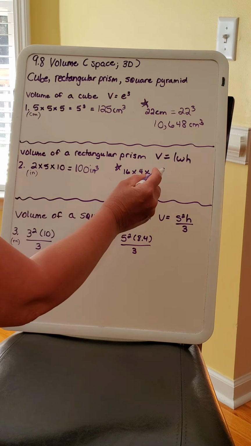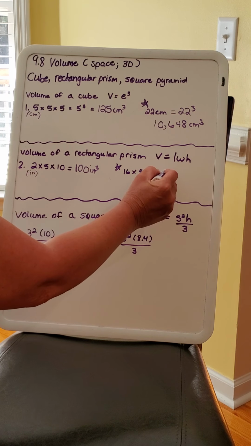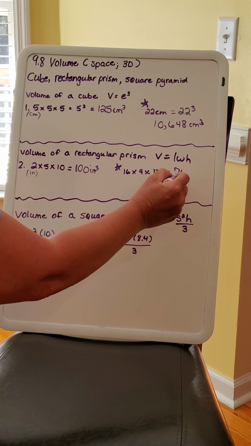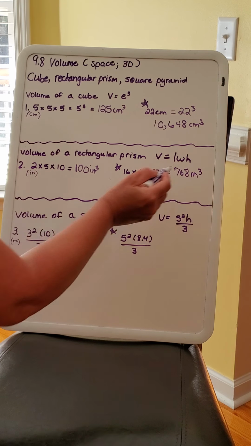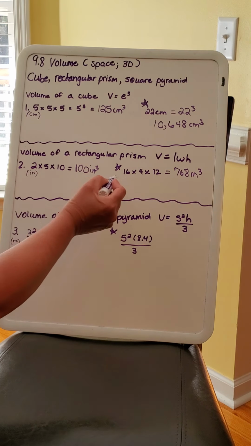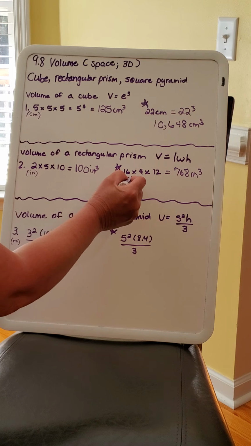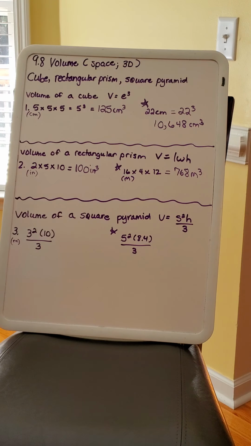You will get 768 meters cubed. The unit of measure on this particular one is meter. This one also will be fairly easy to do.